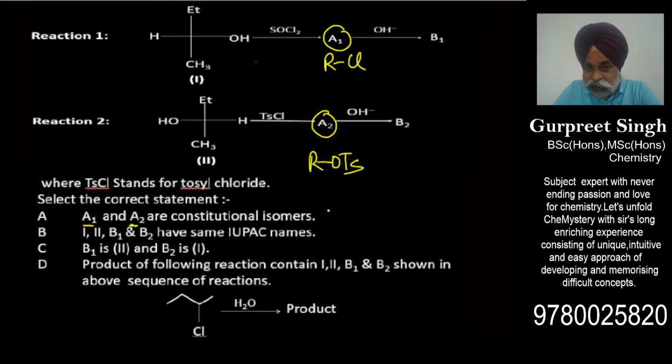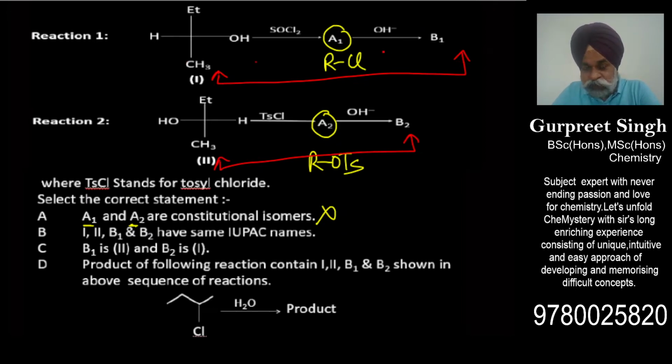So the first statement in itself is a wrong one. Now they said A1, A2, B1, B2 have the same IUPAC name. We are not sure about that yet, since we haven't discussed whether these two have the same configuration or different, and similarly for these two. But this is for sure, both of these are the same alcohols. So definitely they would have the same IUPAC name. So two options we have cross-checked.